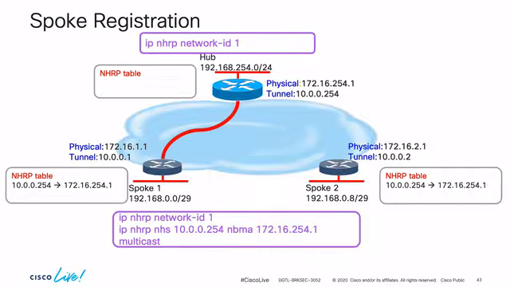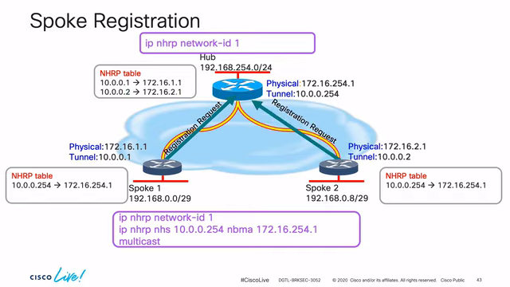The hub receives this registration request packet, which is going to have information about both spoke 1 and spoke 2. I'm just going to explain the spoke registration as far as spoke 1 is concerned.